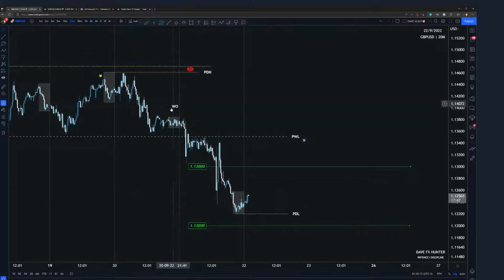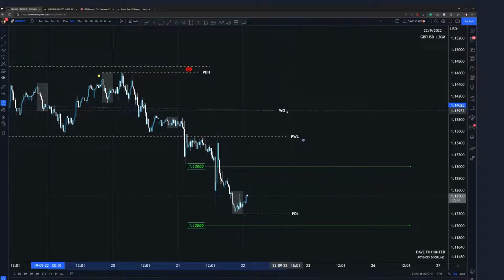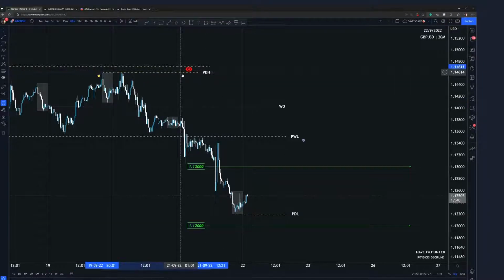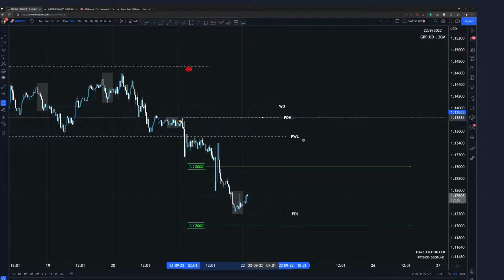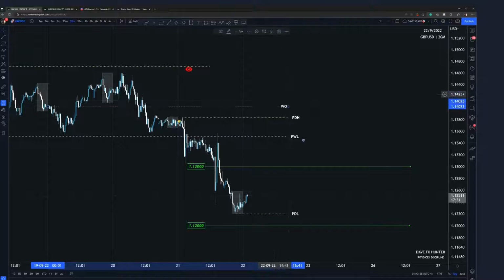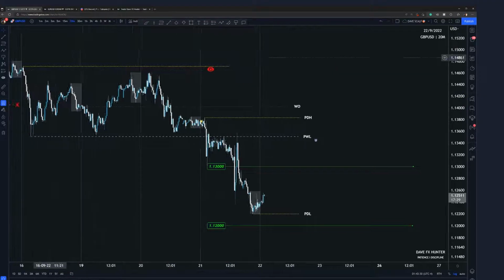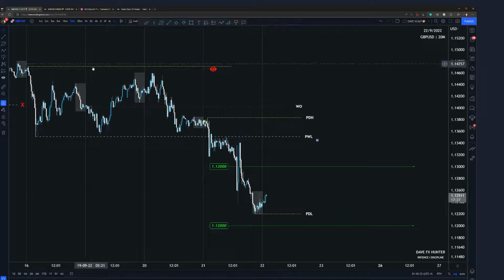So again, what I need to do is a weekly open, as always. I like to have it, and the previous day's high, which would be here, right? So it's the previous day's high. This is the previous week's open, right? This is some old highs, some old lows.